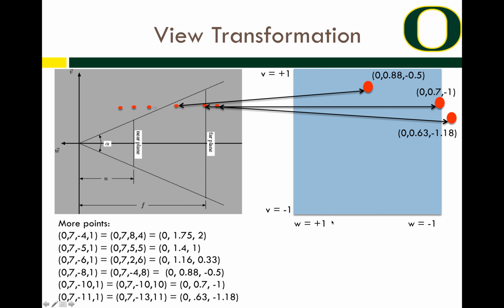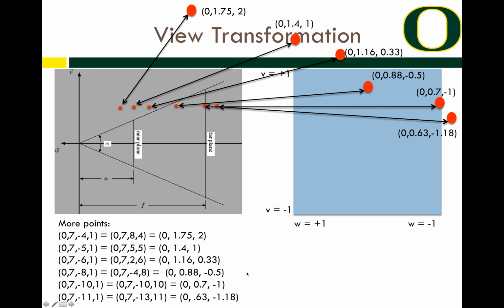What we're seeing is that one step here from -4 to -5 takes us a full step in W, but one more step only takes us 2/3 of a step, and then here we've taken 2 steps and it's less than a step, and here we take a step and it's only like 1/5 of a step.